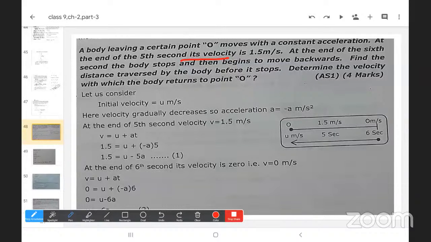At the end of 6th second, the body stops and then begins to move backwards.